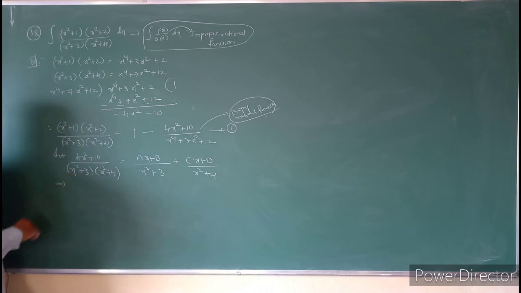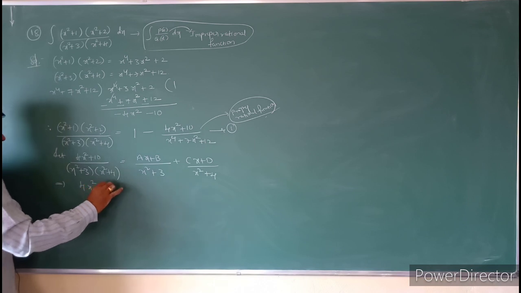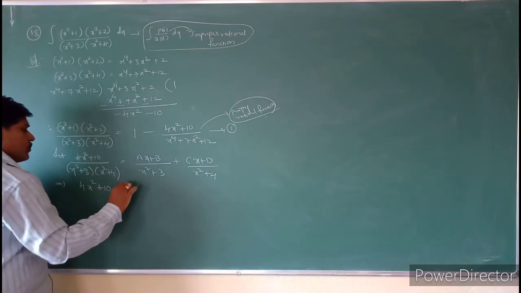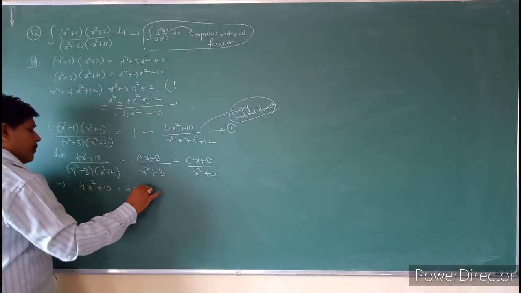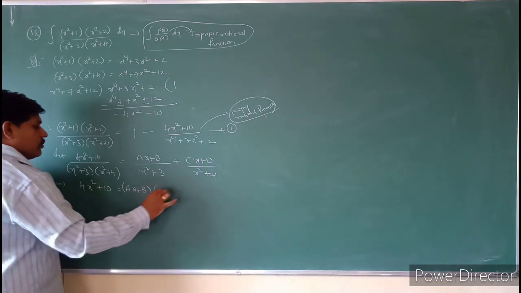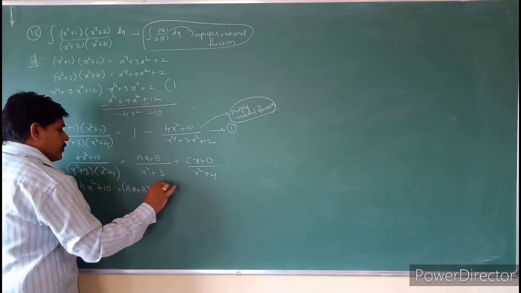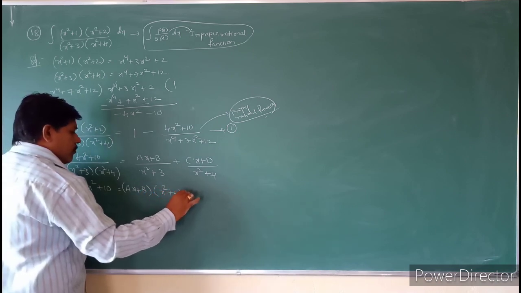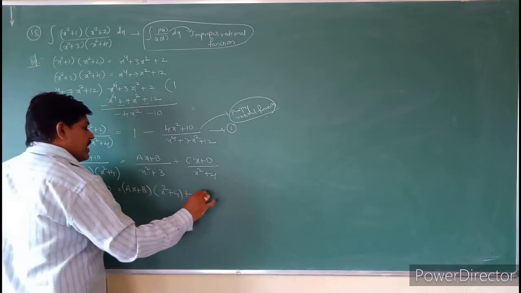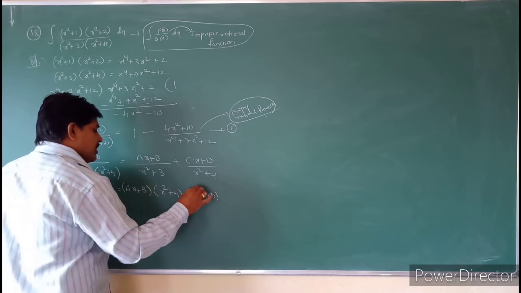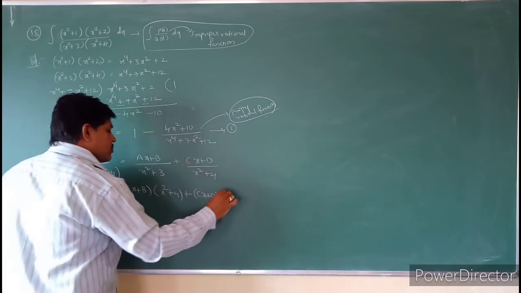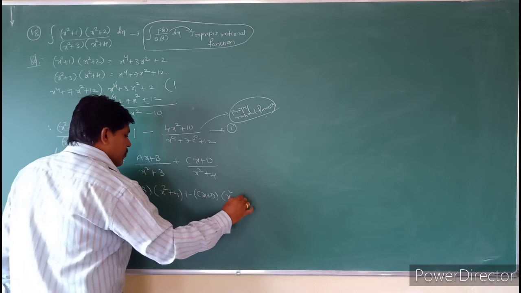So that implies, take the LCM and cancel the denominators. What we will get is 4x square plus 10 is equal to ax plus b into x square plus 4 plus cx plus d into x square plus 3.